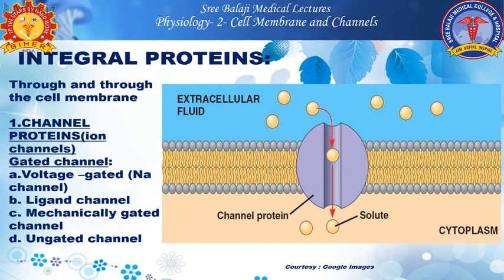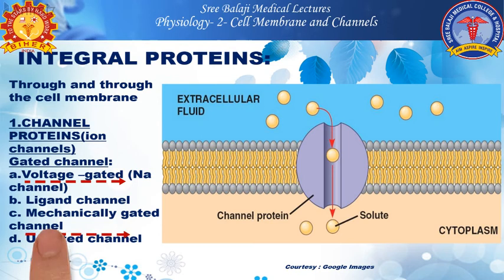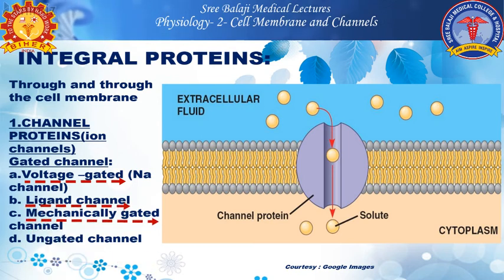As you all know, a gate is a way through which we can get in and get out. So here also the channel is guarded by the gate. This gate will open only in response to certain stimulus. Then they will close. So under gated channels, we will be seeing about voltage gated channels, ligand gated channels and mechanically gated channels. The other channel is ungated channels. They don't have any gate. It is always an open channel.